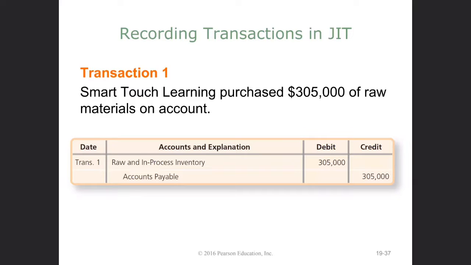So here we have Smart Touch Learning has purchased $305,000 of raw materials on account. So we haven't paid cash for it yet. So we've got our raw and in-process inventory. We're going to debit that account for $305,000, and we're going to credit our accounts payable account for $305,000.